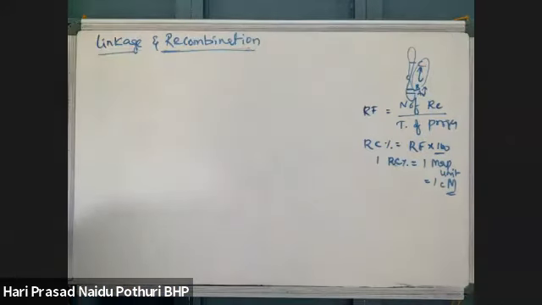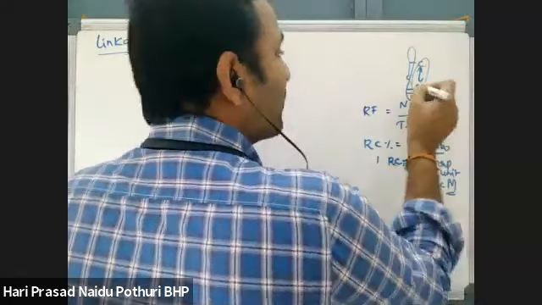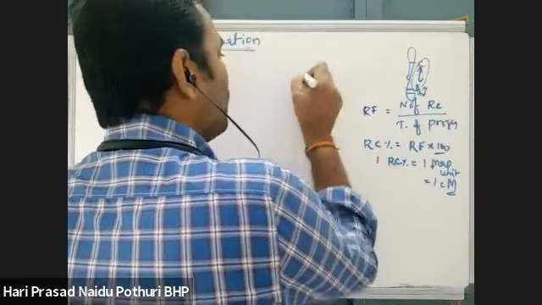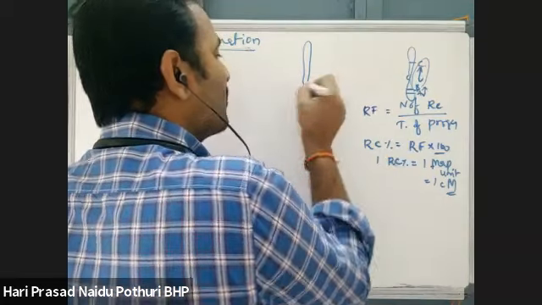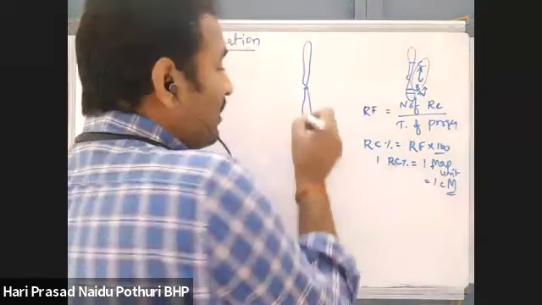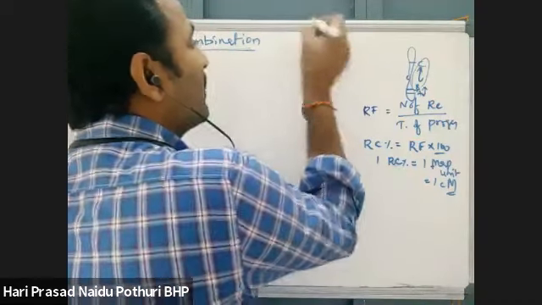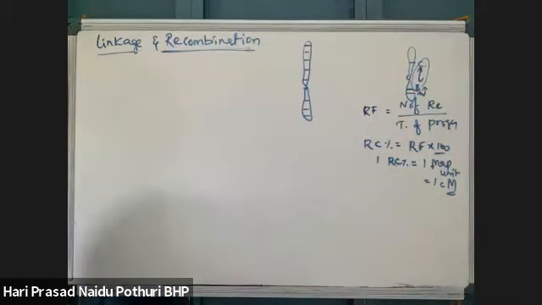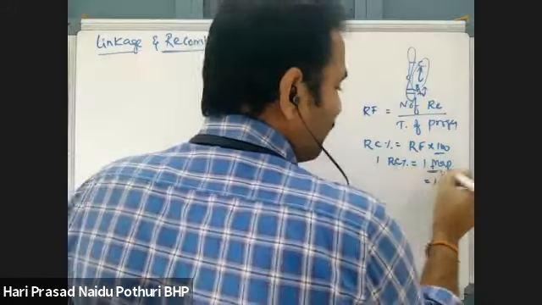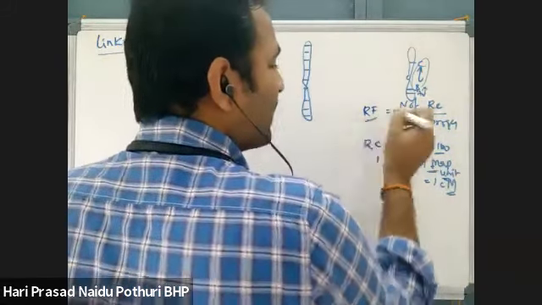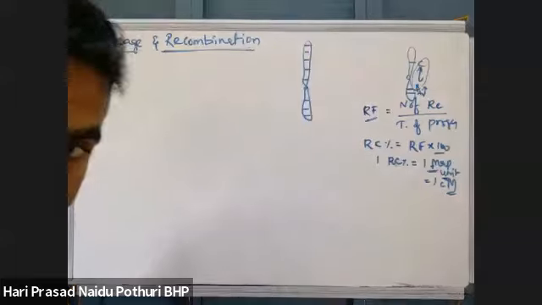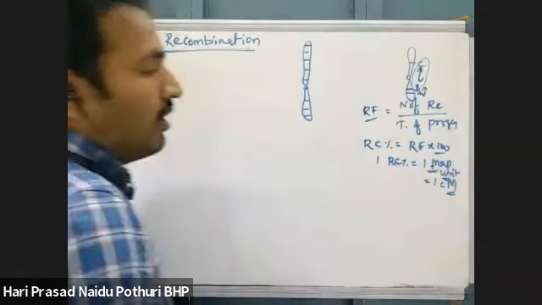What is a map unit? We can do chromosome mapping, meaning the presence or order of genes present on a chromosome can be found by mapping. That mapping can also be done by recombination studies. We will see an example so that you can understand.